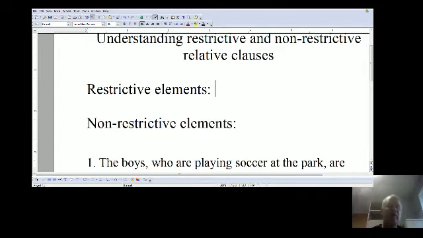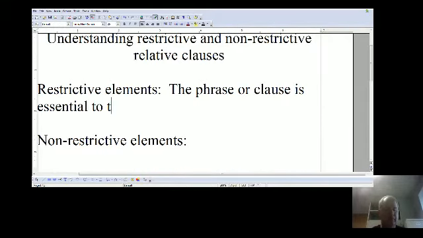So a restrictive element means that the phrase or clause is essential to what it modifies.